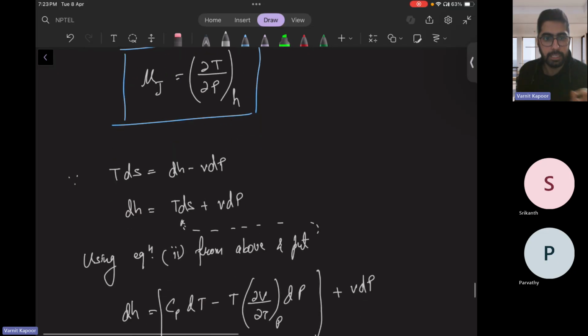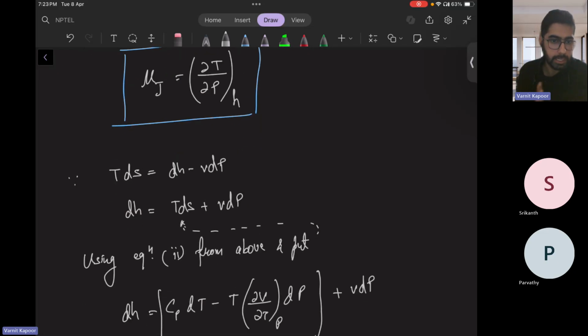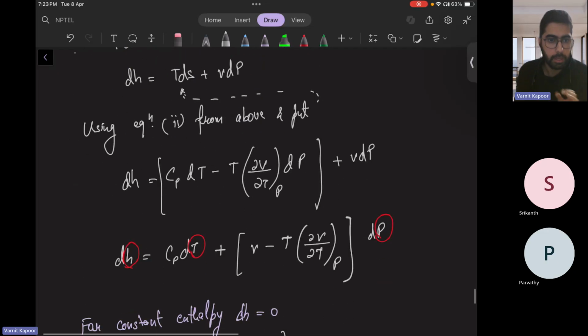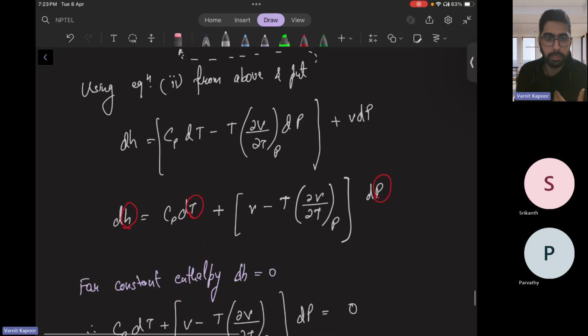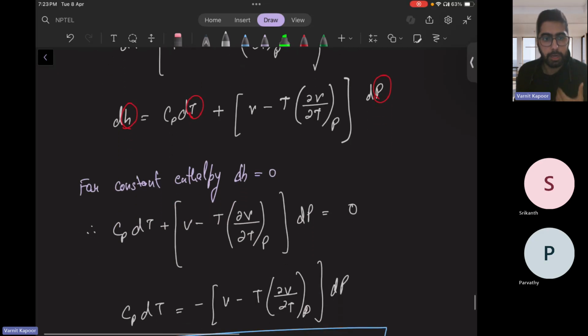Since we know that TdS is dH minus VdP, here dH is TdS plus VdP. So using the equation 2, which we have derived earlier, and putting the TdS value in this equation, you get dH as Cp dt minus T dou V by dou T dP plus VdP. Separate the dP and dt terms, okay? And for a constant enthalpy process, dH should be 0.